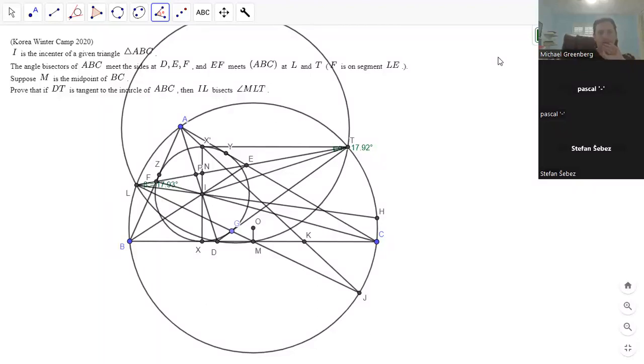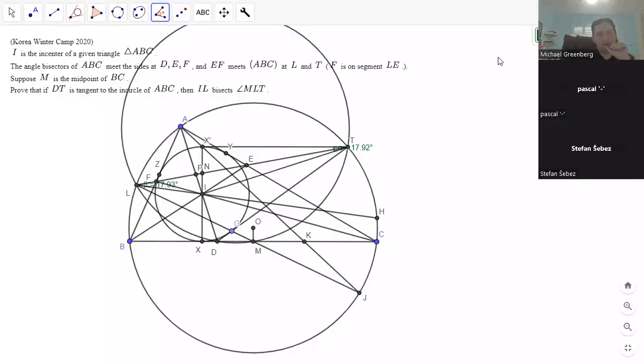We don't know it is equal to ILP, but we at least know that those two angles at T are the same and they are equal to that angle we are trying to get, kind of. Yeah, ILP.